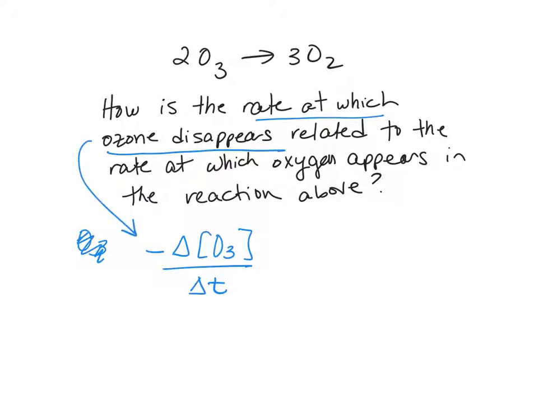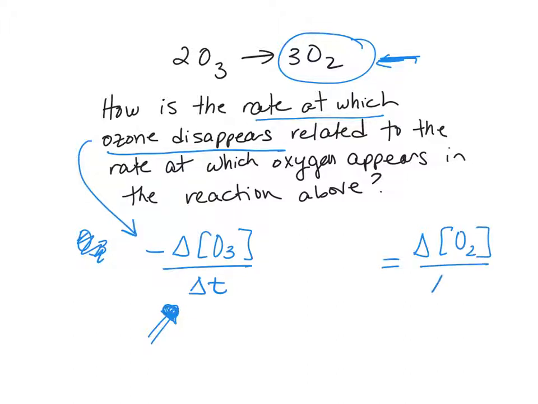Now we want to relate that to how fast this is disappearing. If this is disappearing at a certain rate, what does that mean for this? So put an equal sign over here. So what does that mean for the change in the appearance of oxygen over change in time? So we know that for every 2 ozones, we make 3 O2s.